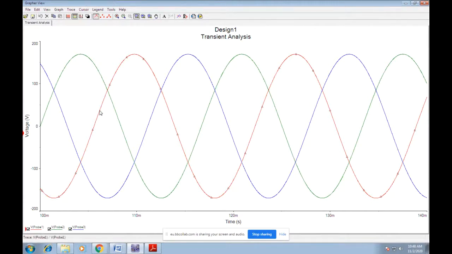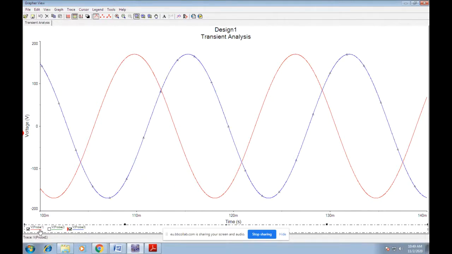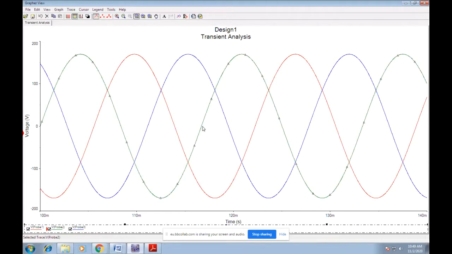If you compare probe 1 and probe 2 only, there is a difference of minus 120-degree phase. And if you compare probe 1 and probe 3, you can see there is a difference of plus 120 degrees. That is, probe 3 is leading, probe 2 is lagging.